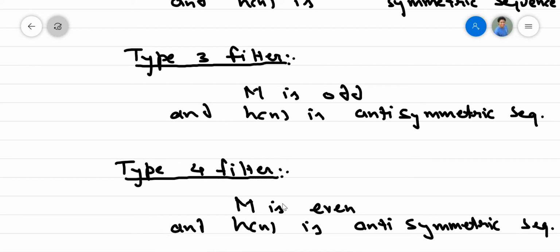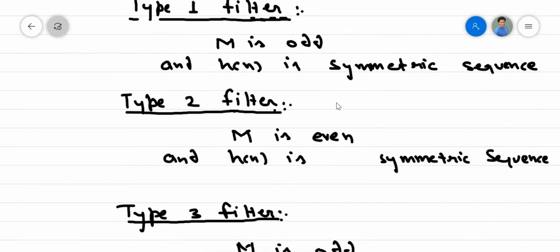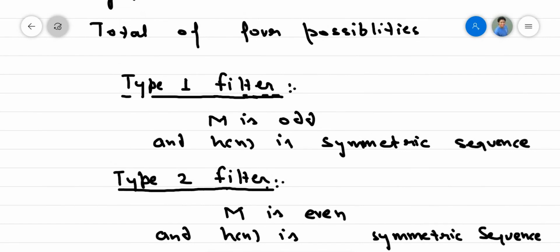Now we'll see how the sequence will look in this case. Okay, so first case, let M be equal to 3. We are going for a very small sequence. Then this is n, this is h(n).